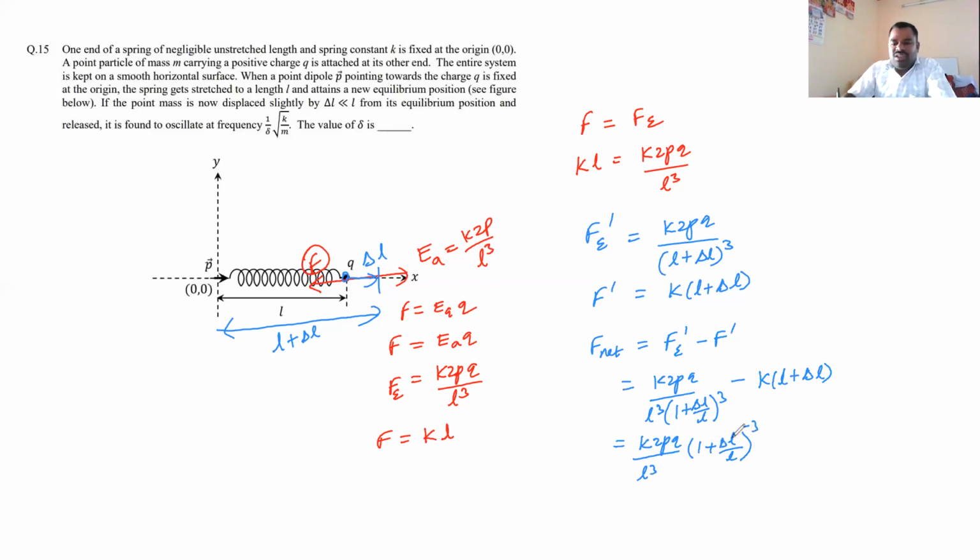Delta L is very small, so delta L by L is very small. In the binomial theorem, when x is small, (1 plus x) power n can be written as 1 plus nx. Applying it, k 2Pq divided by L cube into (1 minus 3 delta L by L), minus k into (L plus delta L).